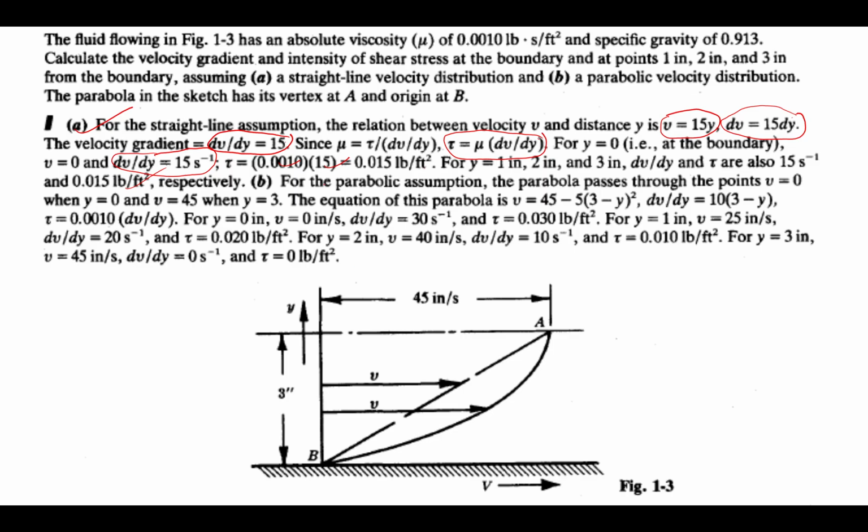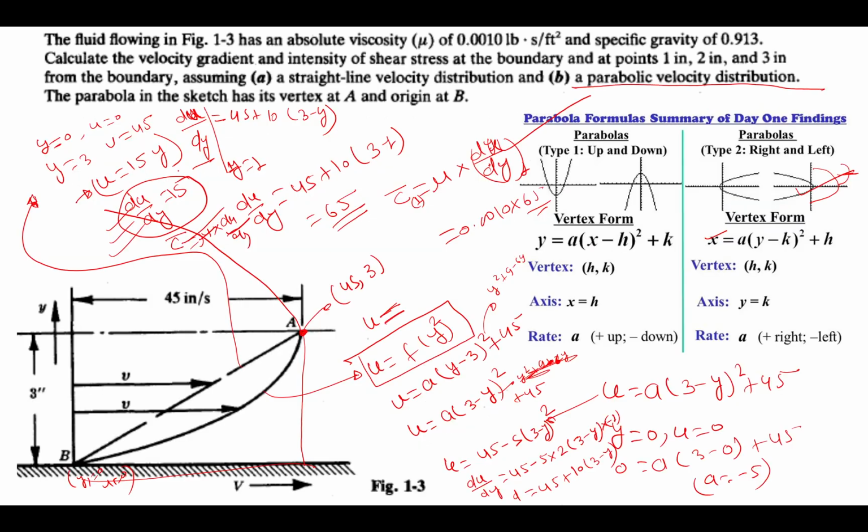But for the case of the parabolic, your equation is like that, 45 minus 5 by 3 y square, whatever I have told previously, and del u by del y like that. Here, when you differentiate, your 45 will be 0, so only 10 by 3 y.